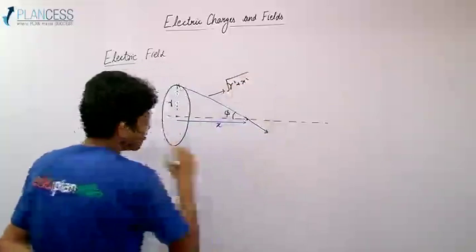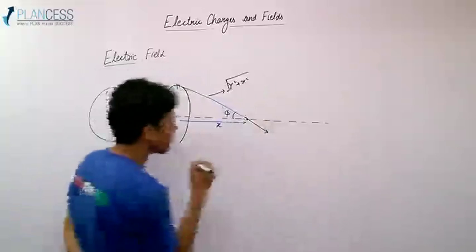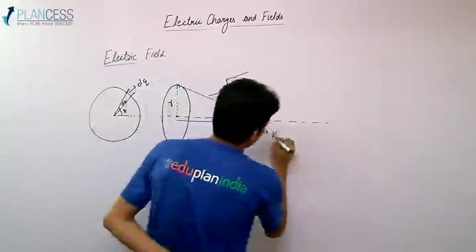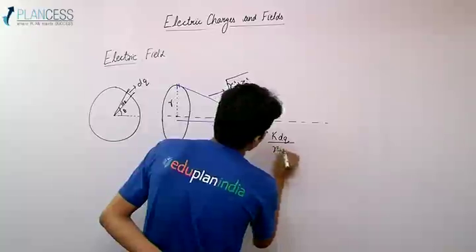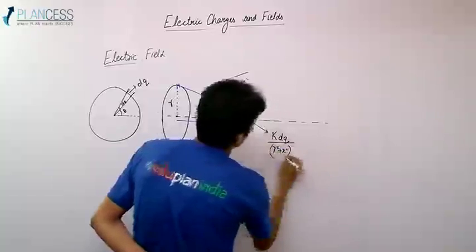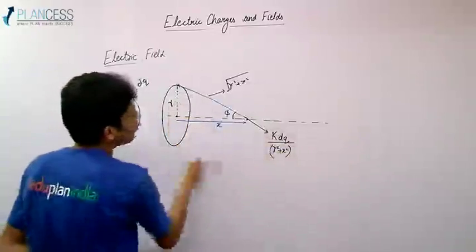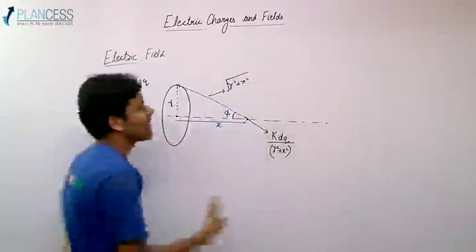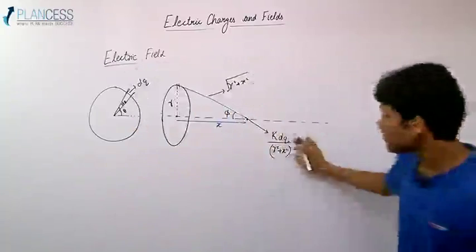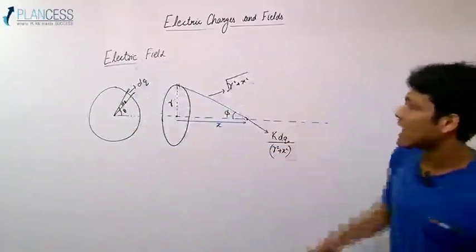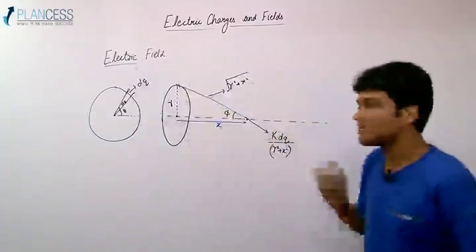So this electric field can be written as k dq upon r square plus x square, since the distance is root over r square plus x square, whole square, which is r square plus x square. This is the value of the electric field exerted by this dq charge in this direction.